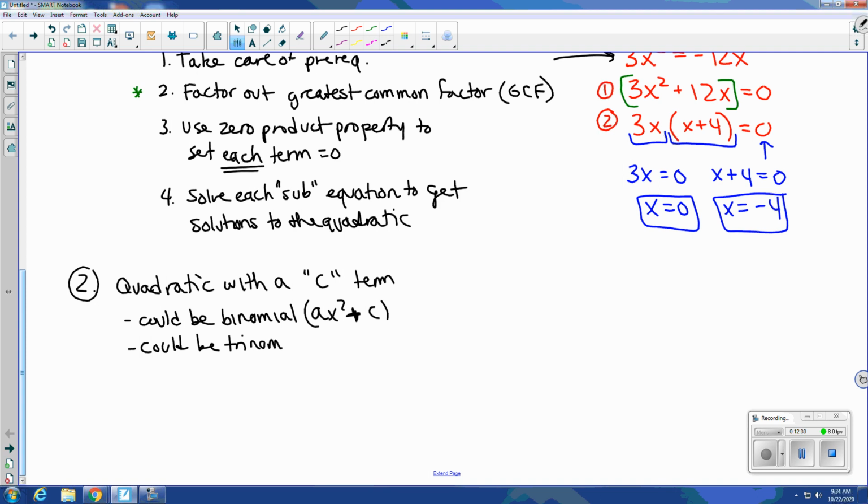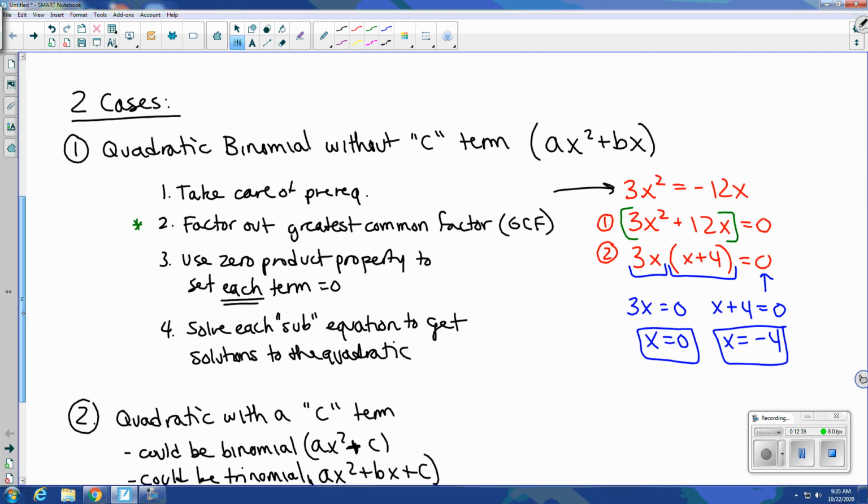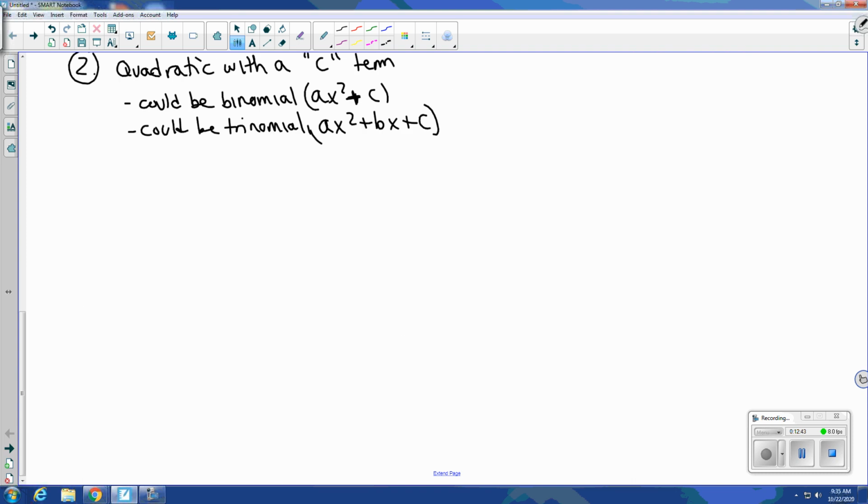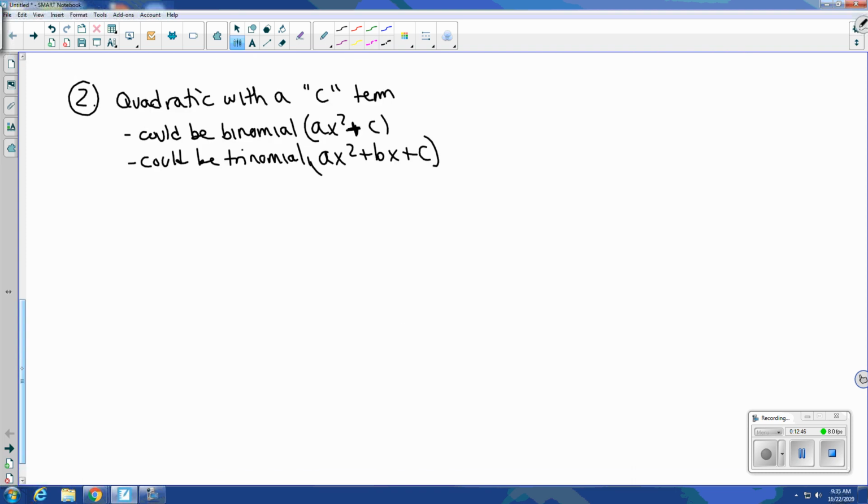So tri means 3. 3 terms will have something that looks like a standard form equation. So no matter if it looks like a binomial or a trinomial with a c term, the convenience of this method is it actually doesn't matter which one you're faced with. So anytime you see a c term with a quadratic, you're going to handle it in the following way.